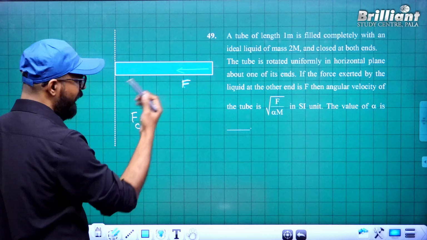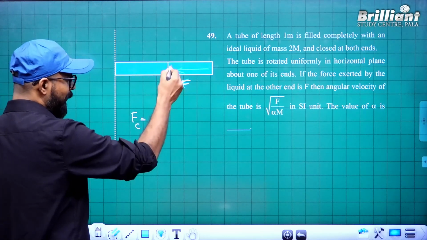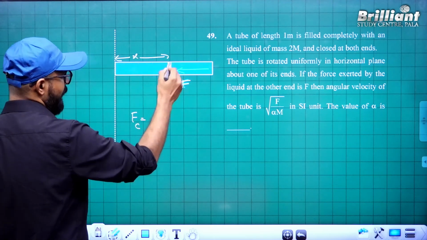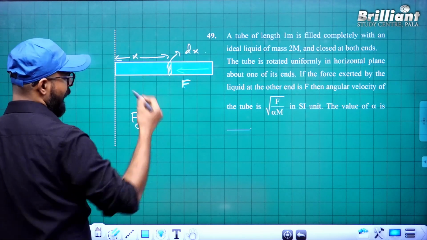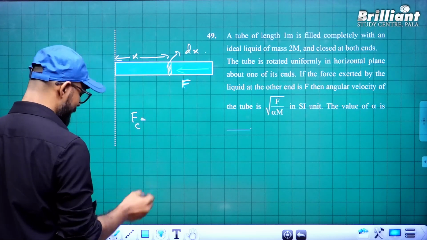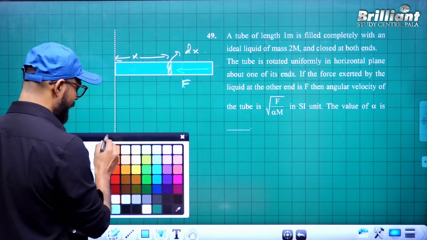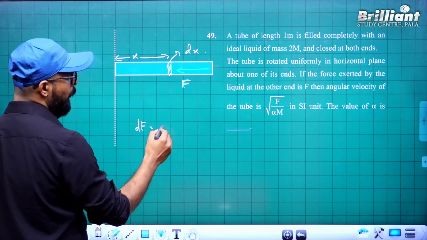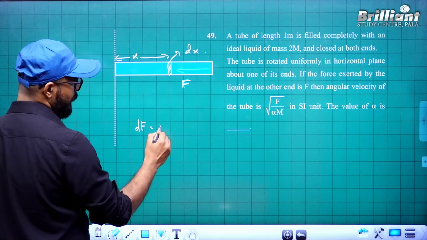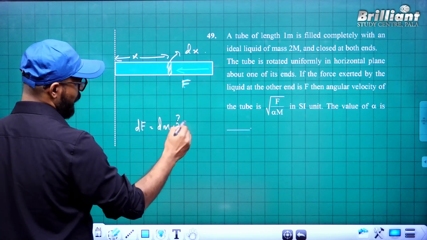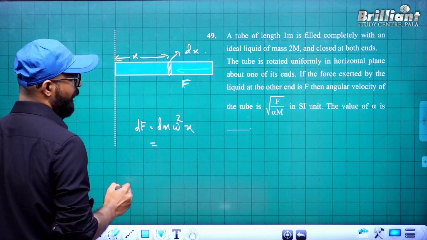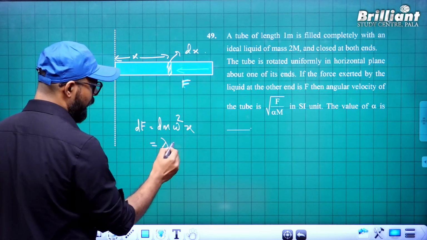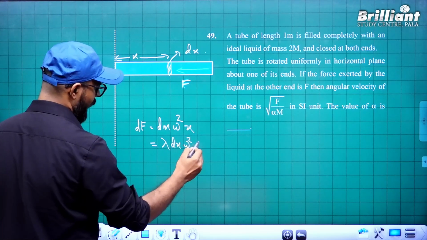After integration, you take a tiny piece at a distance x, and the size is dx. The centripetal force required for this tiny piece is df = dm omega square x, and dm we can write as mass per unit length, so lambda dx.